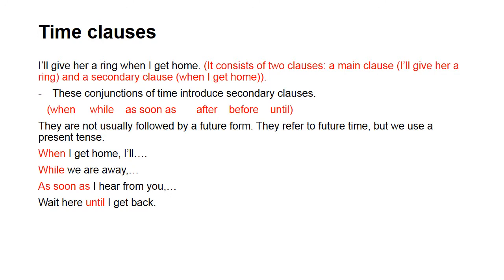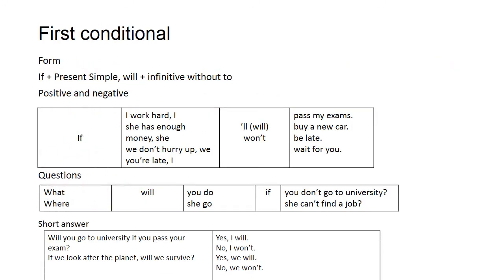Okay. Now we talk about first conditional. The form of the sentence, which is referred to as first conditional, consists of if plus present simple, comma, will plus infinitive without to.